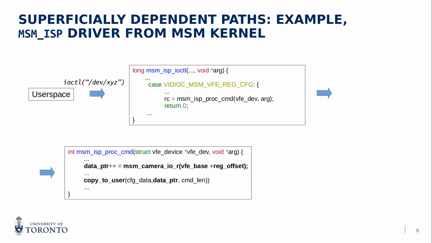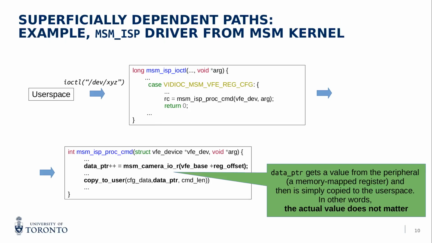Later, the execution goes to the code in which the driver first retrieves an array of bytes from the hardware as data PTR and then copies it to user space. What is interesting about this specific example is that while the data from the hardware is passed between different parts of the driver, it is not used to make any control flow decisions. In other words, the value returned from the peripheral doesn't matter for successful driver execution.